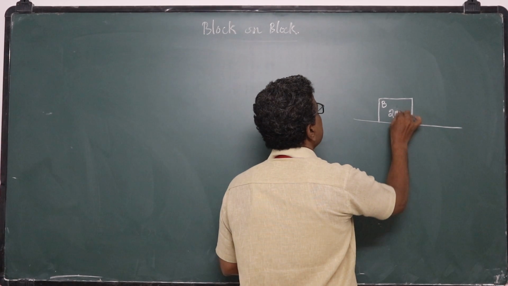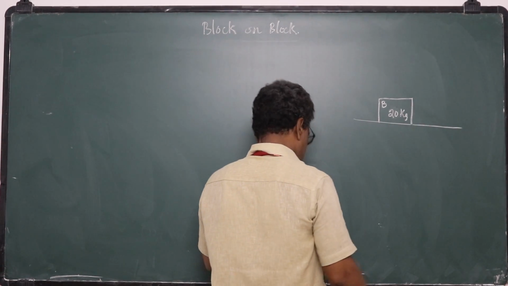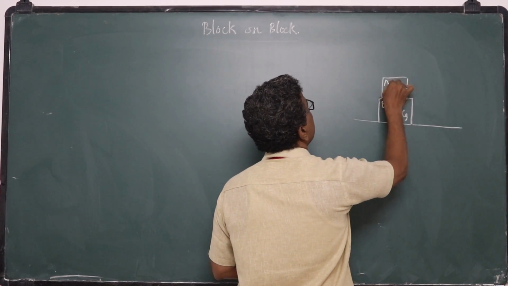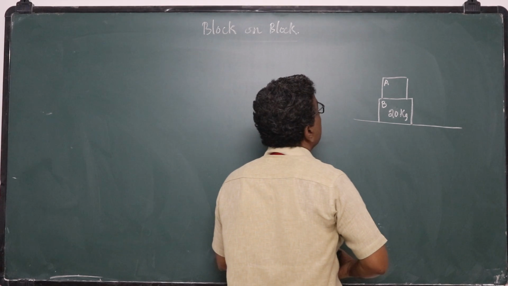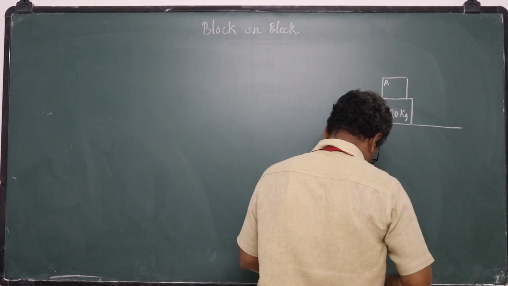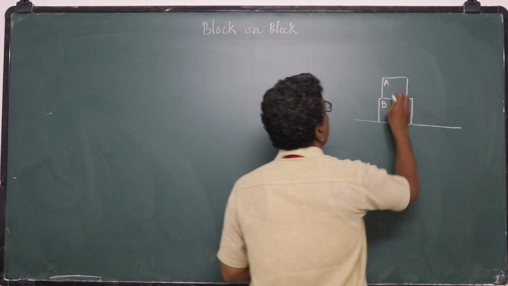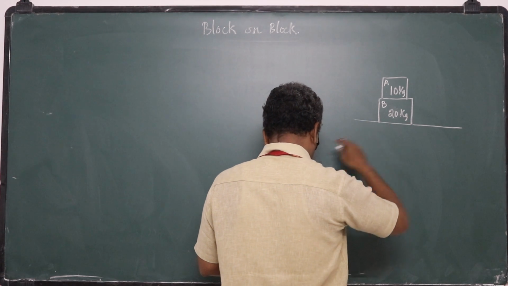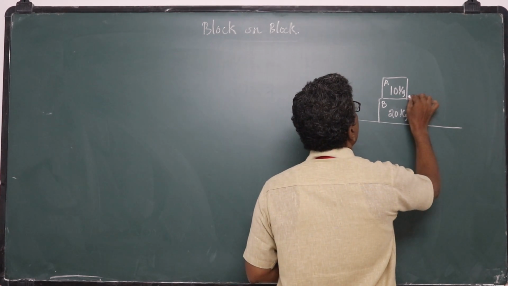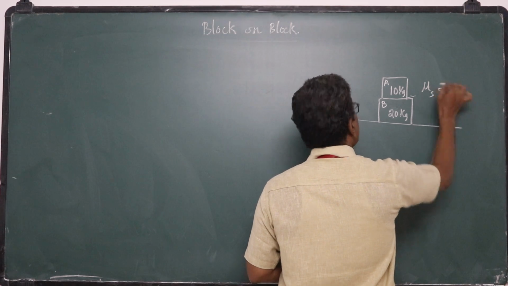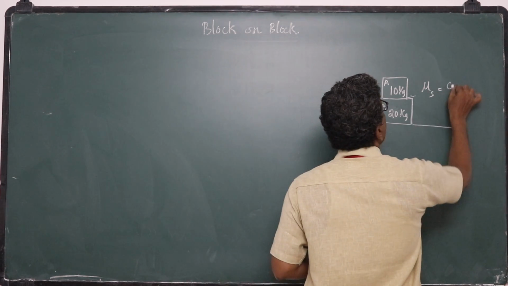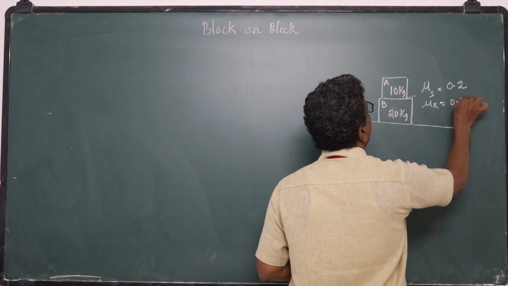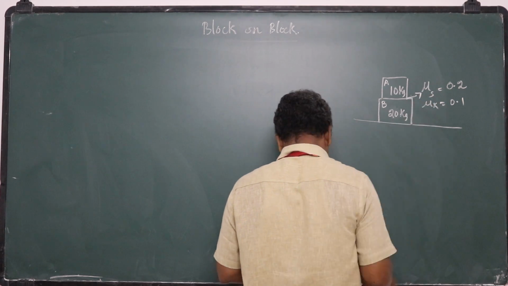A block A, whose mass is 10 kg, is placed on the block B. Here the coefficient of static friction is 0.2, coefficient of kinetic friction is 0.1 between these two surfaces.